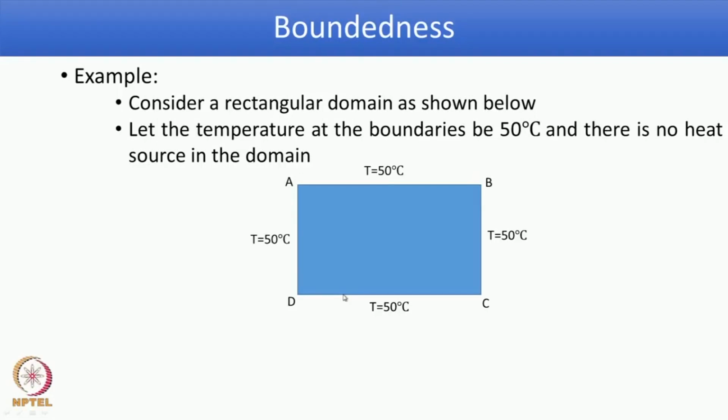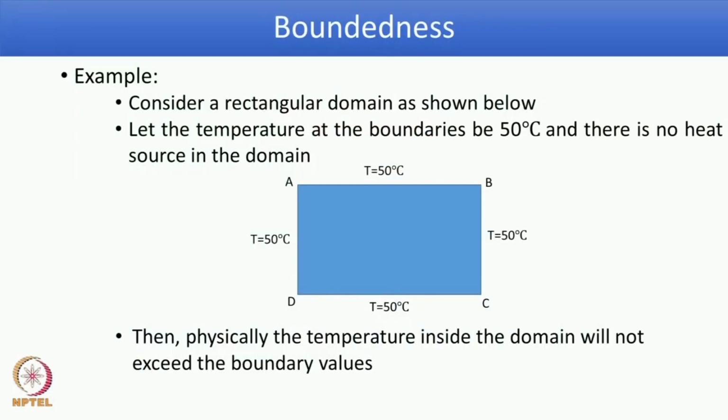For this problem it is specified as 50 degrees Celsius, hence the values of temperature inside the nodes should be within the boundary values, that is 50 degrees Celsius. Physically, the temperature inside the domain cannot exceed the boundary values.